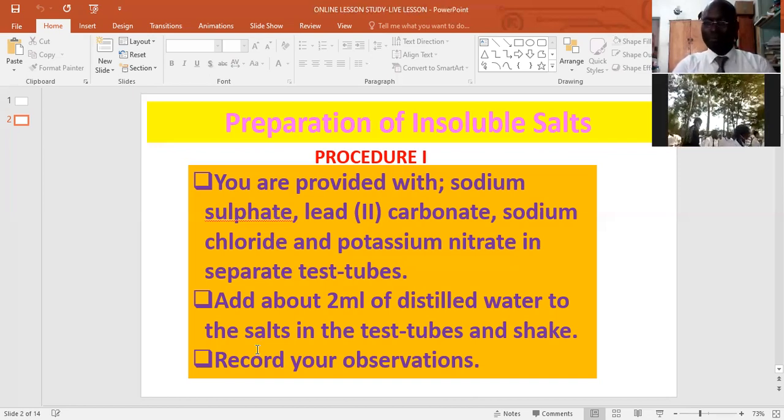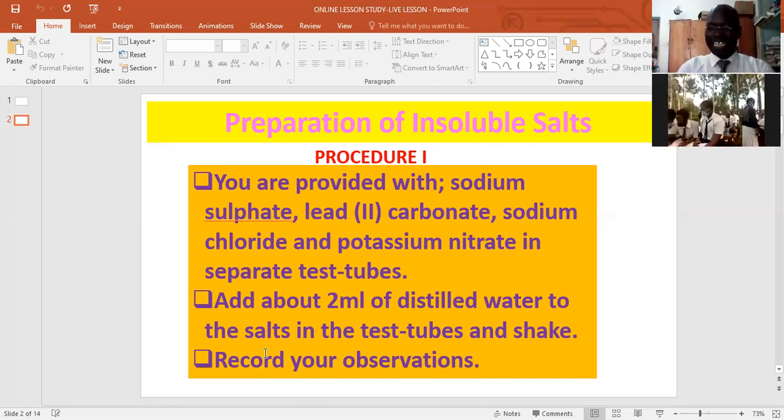Yeah, I can see Madam Coletta, you are observing the students are carrying out the experiment. Thank you so much.